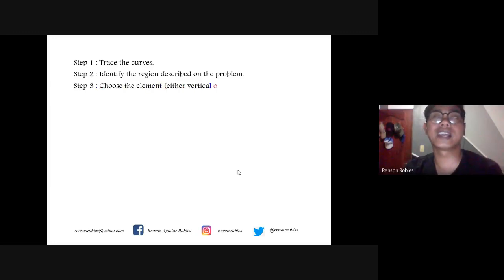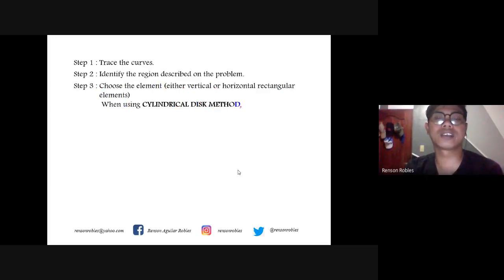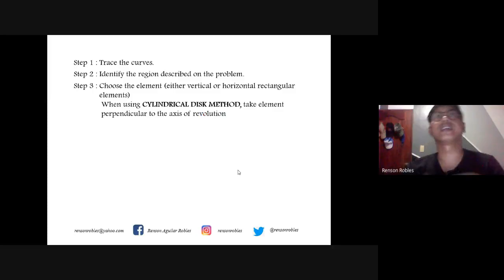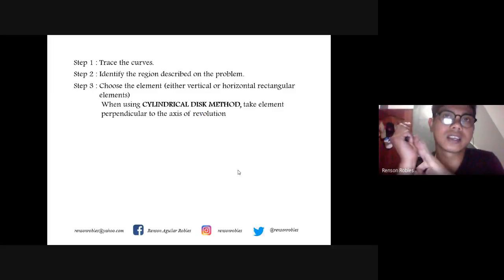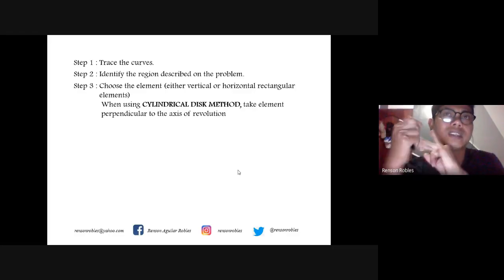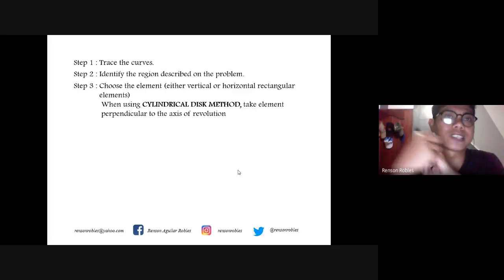And then you choose the element, either vertical or horizontal rectangular elements, and you will still apply the three ways on how to identify the appropriate element. Okay, number 1, the number of slices, right? You divide it horizontally, how many slices? You divide it vertically, how many slices?